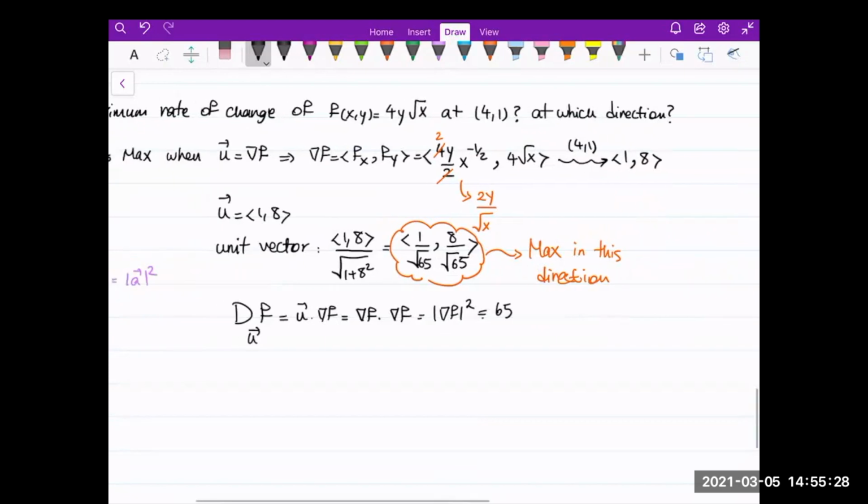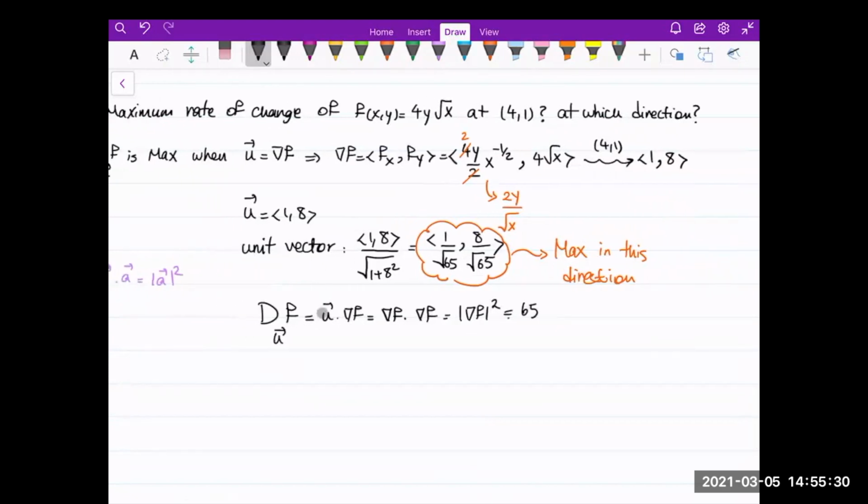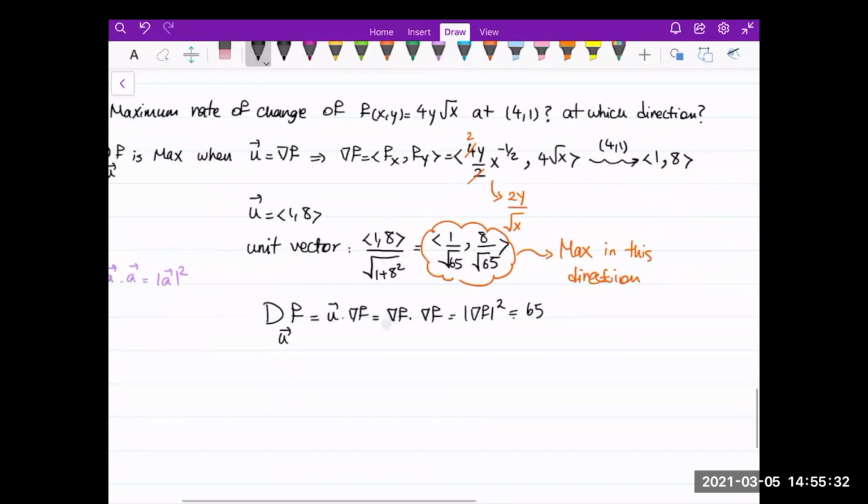Oh, I'm sorry, my mistake. Because u in here should be the gradient divided by the length of the gradient, right? Because I need to put the unit vector in here. So this is just the length of the gradient of f, which makes sense.